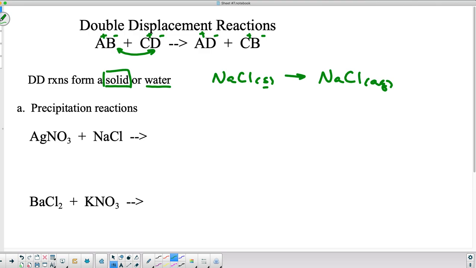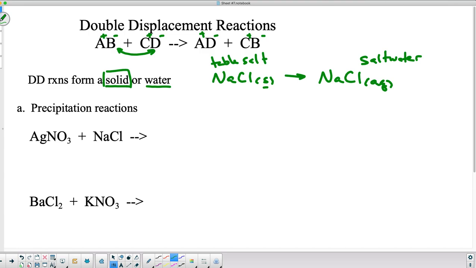That means that this one is salt water, and this one is table salt. Notice that they're both NaCl, and as a solid it's table salt, and as an aqueous solution it is salt water.